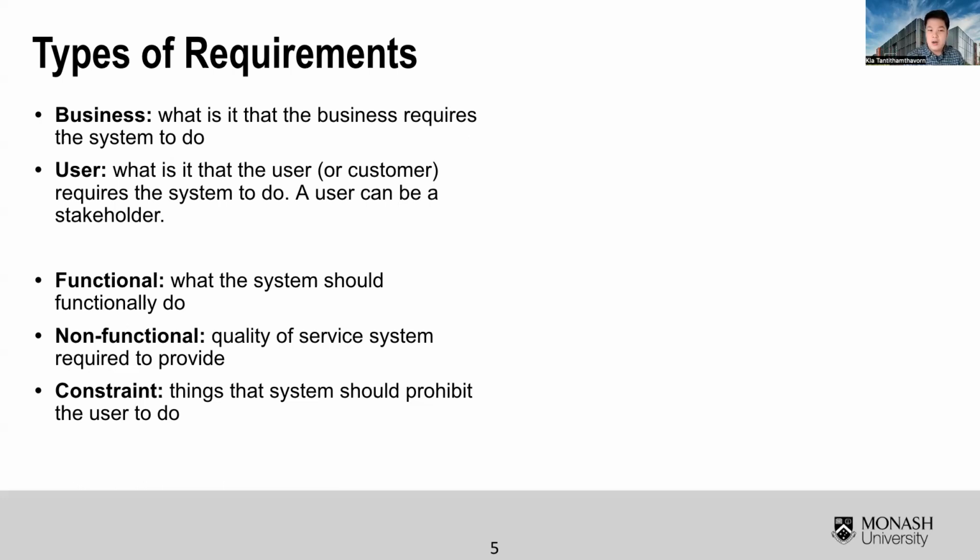But the non-functionality of the mobile banking application, for example, the UI should be user-friendly, supporting different types of mobile devices. That's the portability, and it can handle at least a million users at the same time. Okay, that's the non-functional requirement.